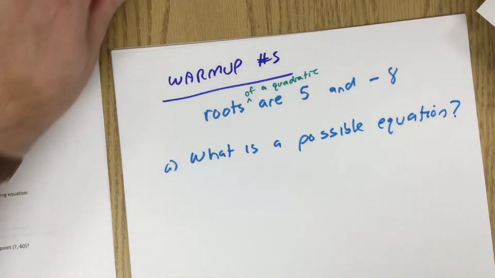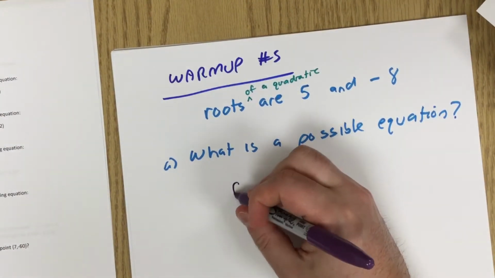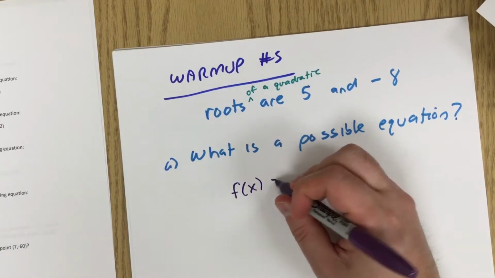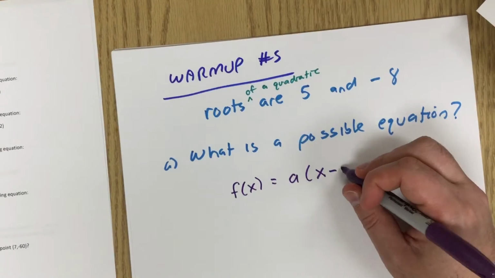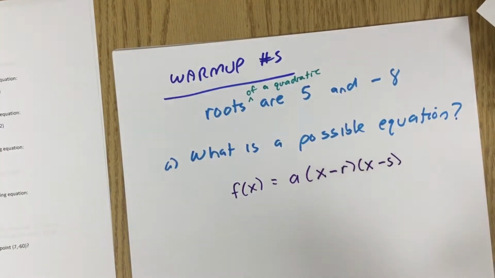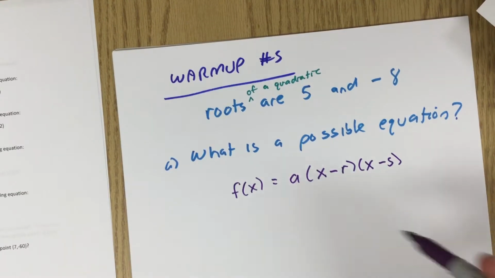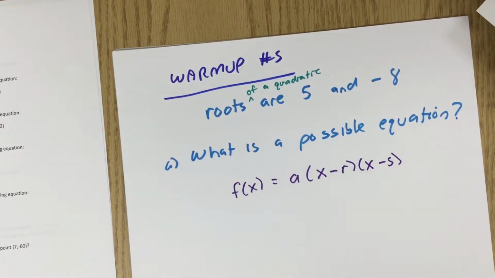Now we know, or we may not recall, but we should know, that it's going to be f of x of the format a(x - r)(x - s), and you may have been shown different letters for the r and the s. But either way, that's the one root, that's the other root, and that's kind of a multiplication factor.